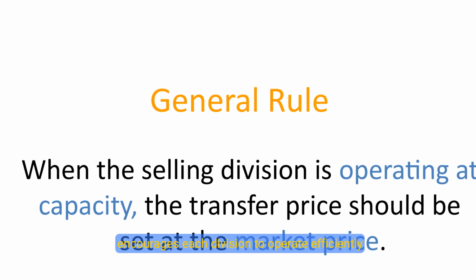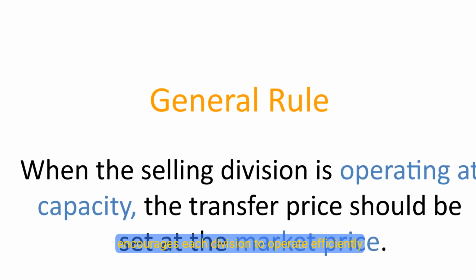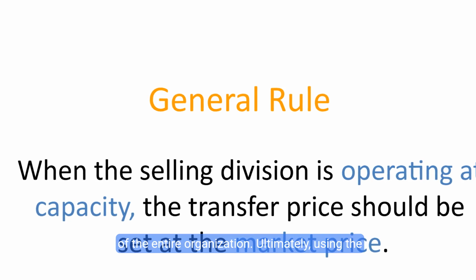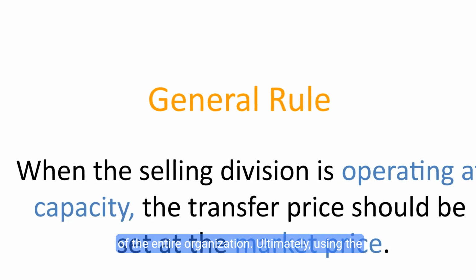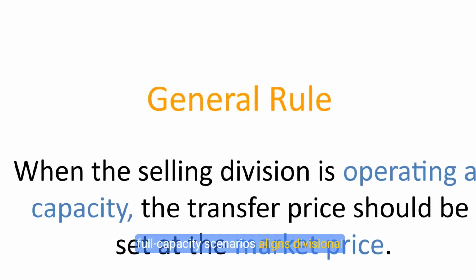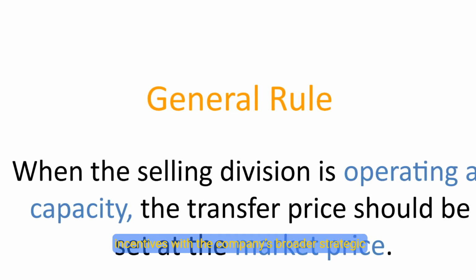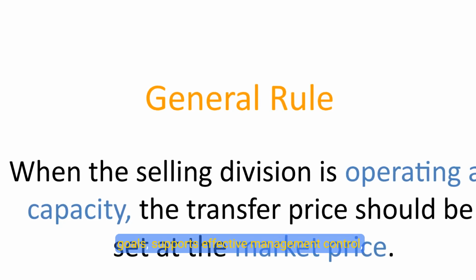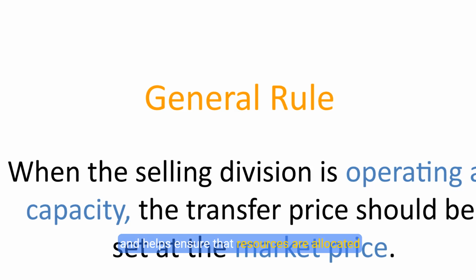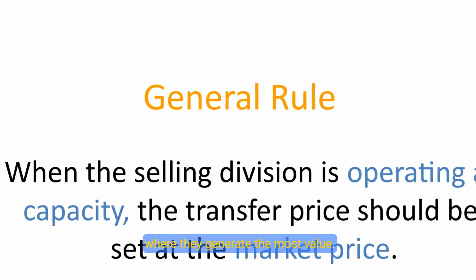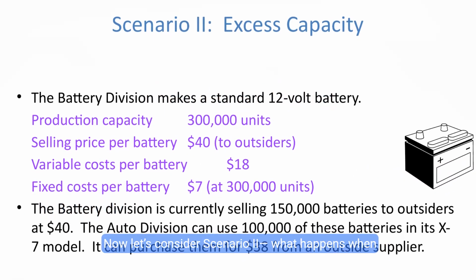This approach also encourages each division to operate efficiently and make decisions that are in the best interest of the entire organization. Ultimately, using the market price as the transfer price in full capacity scenarios aligns divisional incentives with the company's broader strategic goals, supports effective management control, and helps ensure that resources are allocated where they generate the most value.